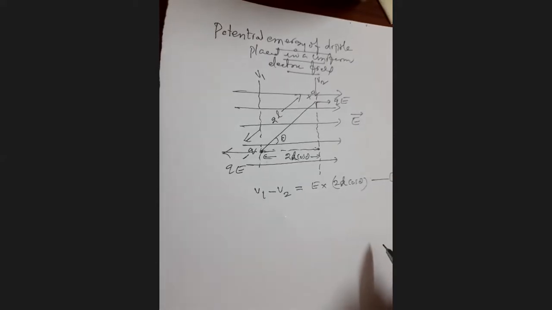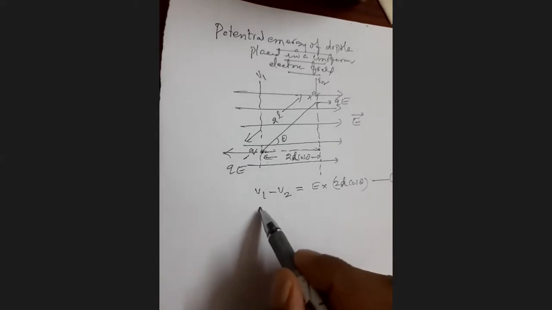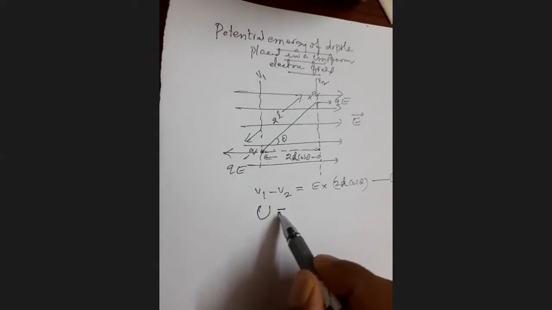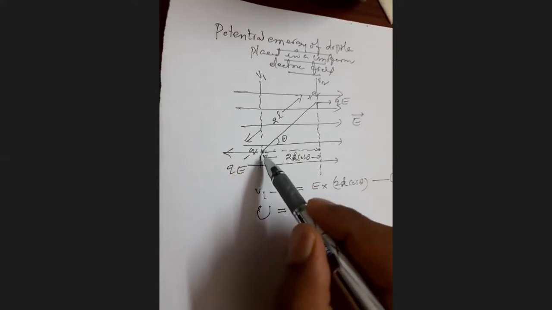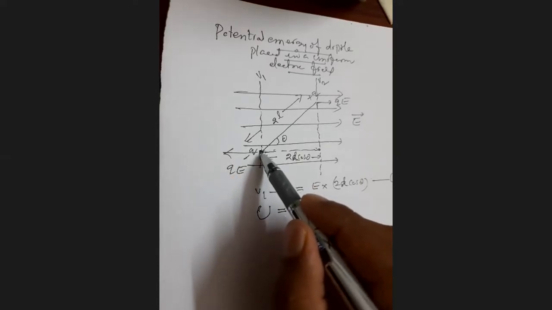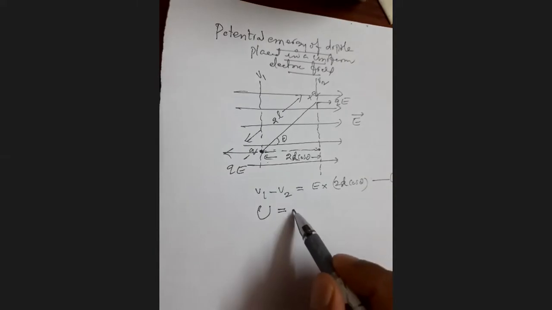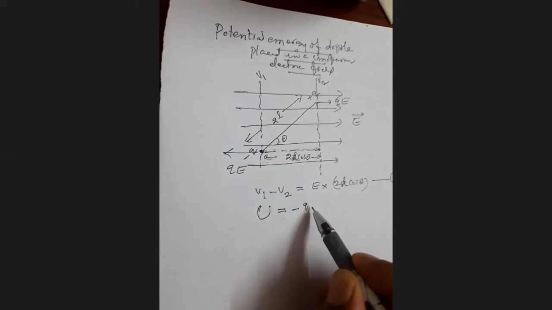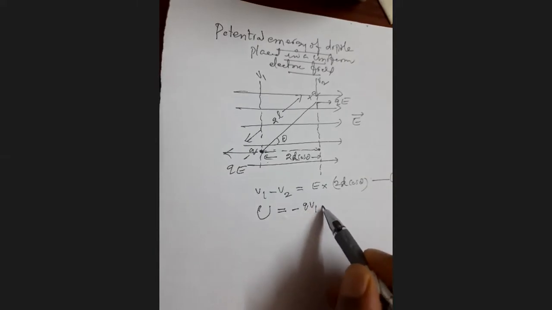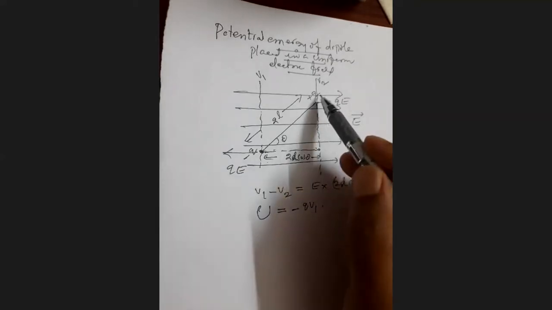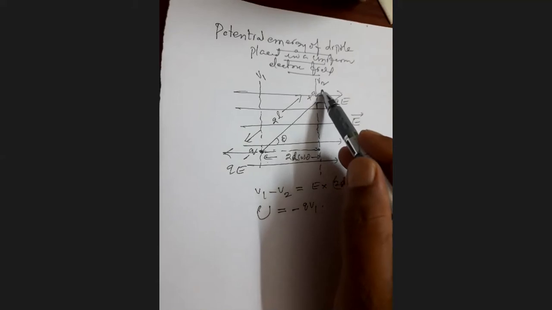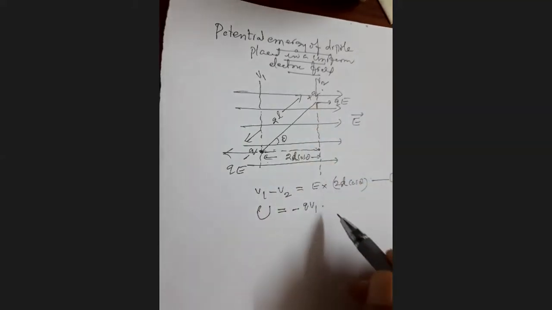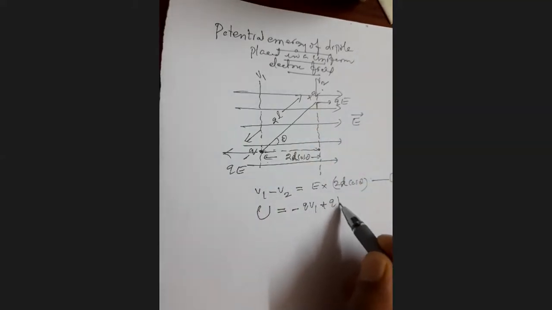The potential energy U is given by this: the minus Q charge is placed in the electric potential V1, so its potential energy is minus Q V1. Plus Q is kept at the potential V2, therefore its potential energy is Q V2.